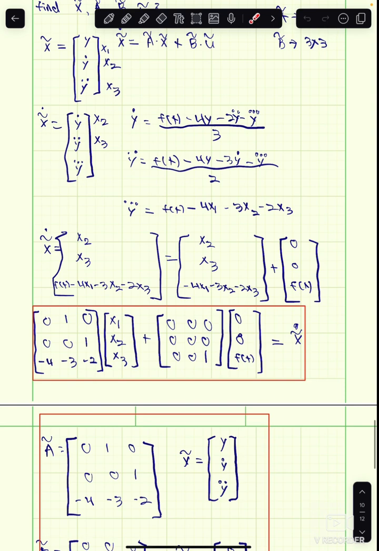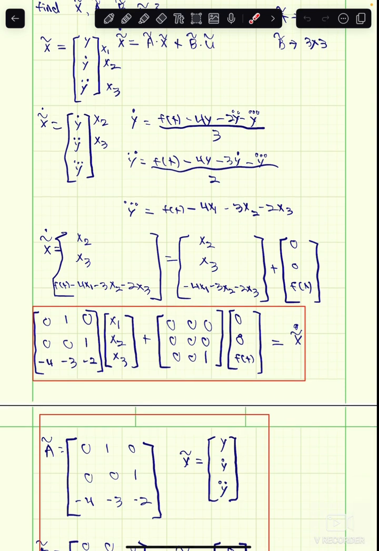This is something that you can really, if it's a simple enough differential equation, look at and just backtrack, right? So for the first line, we will have 0 times state 1 plus 1 times state 2 plus 0 times state 3 equals only state 2.